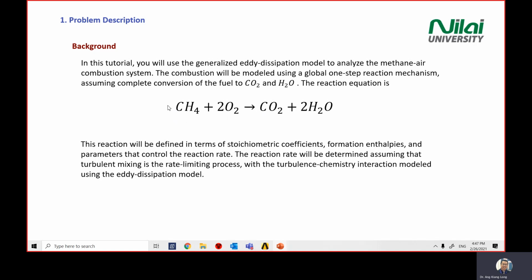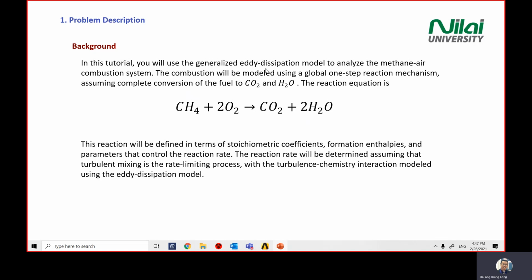One is for our fuel, methane, CH4, and we have another inlet with air. Our air contains O2, oxygen. When you combine your methane and oxygen, you will get carbon dioxide, CO2, and water. So later we will look at these four chemical species: CH4, oxygen, carbon dioxide, and water.